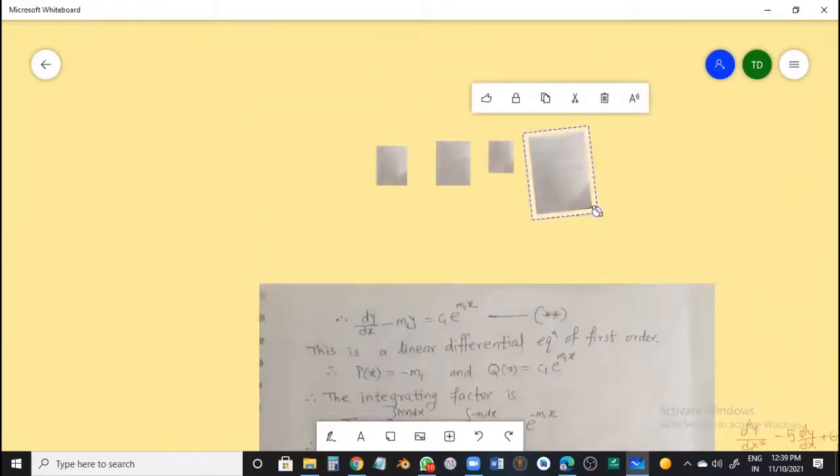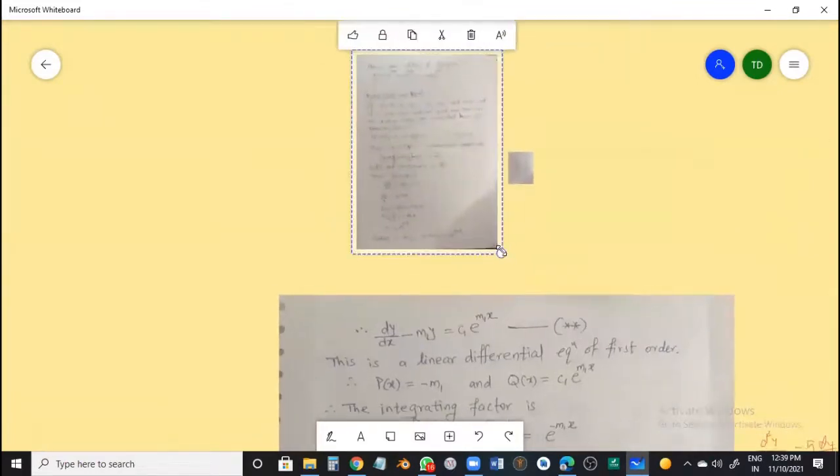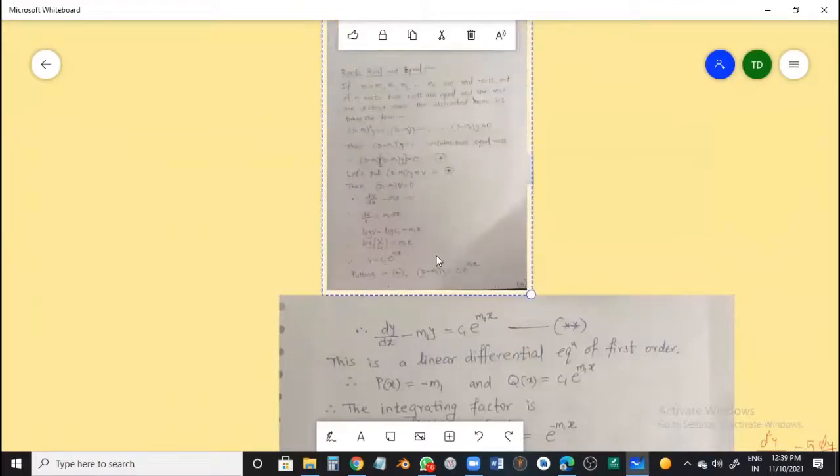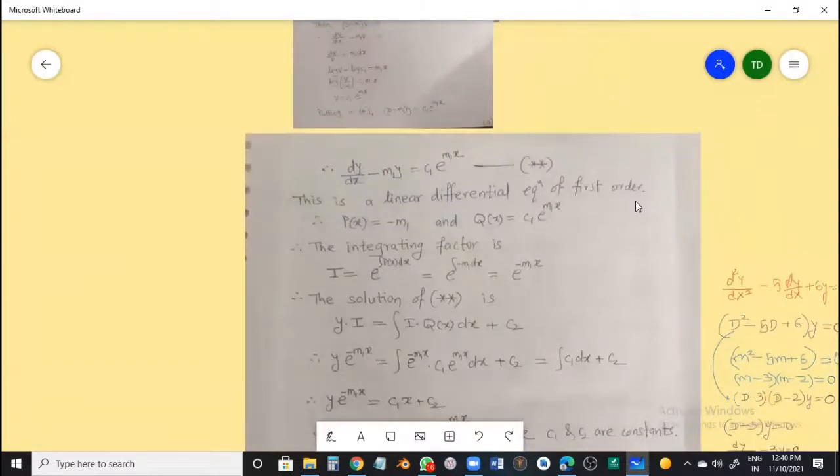I'll enlarge this. This was what we had. See, we are putting the value of v here. (D minus m1) operated on v is equal to, in equation star, so this becomes dy by dx minus m1y is equal to c1 e raised to m1x. And this is a linear differential equation of first order.